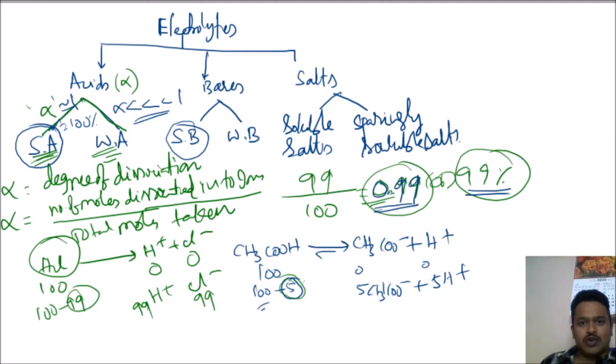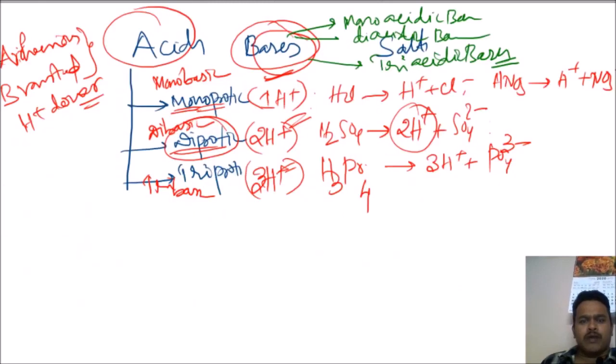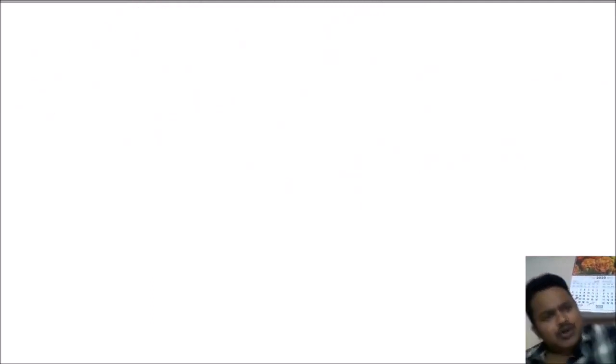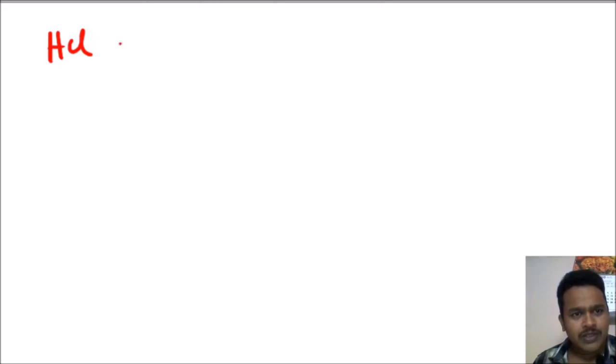I will show you another slide. Okay, see here, very good. I will take one strong acid. HCl is a strong acid that dissociates into H plus and Cl minus.